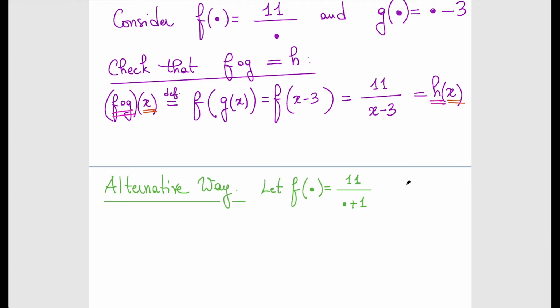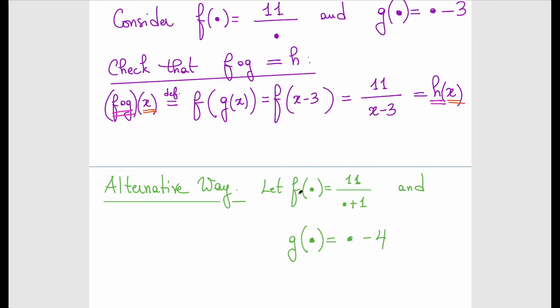And what I'm gonna do for g is I'm gonna take it to act on an input x as x minus 4. Okay, again, if you don't like the choice of x as being the input, choose the bullet.